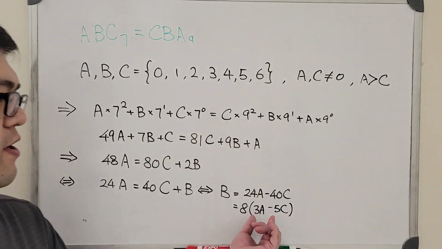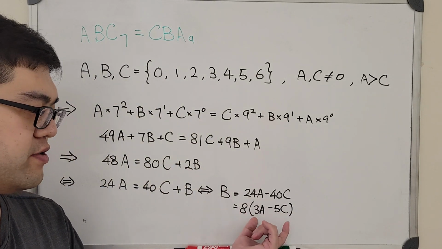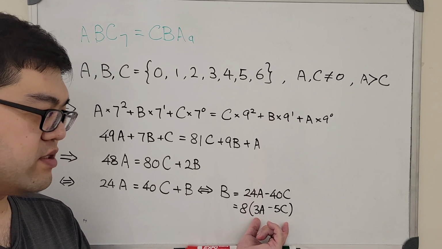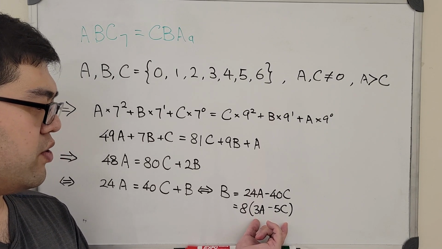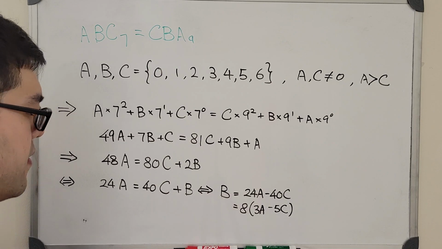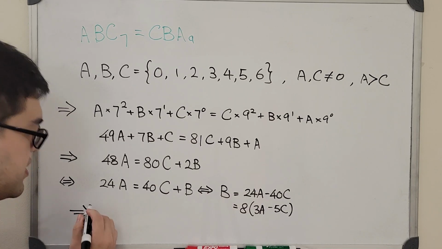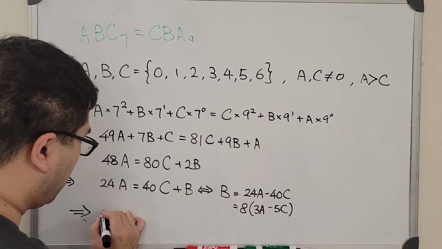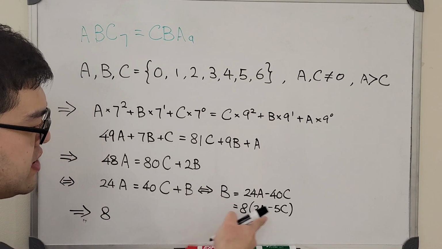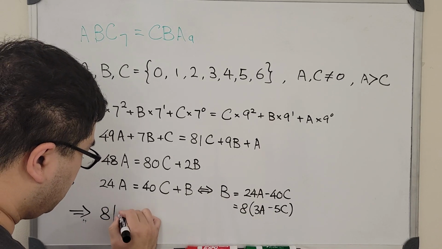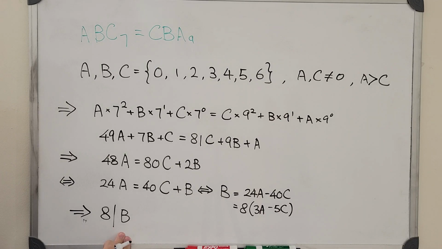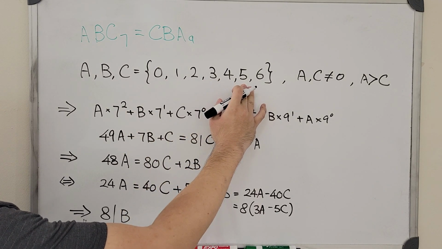But keep in mind, A and C are both integers, so 3A minus 5C is also an integer. So that means B is not just an integer, it has to be a multiple of 8 because we have 8 times some integer.